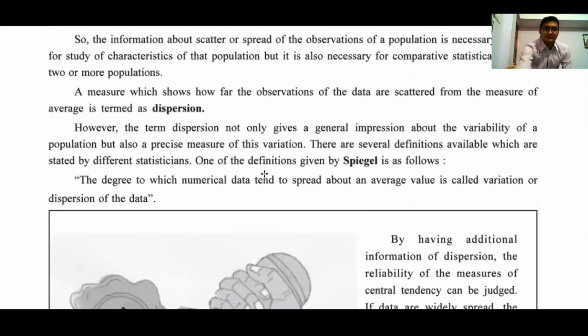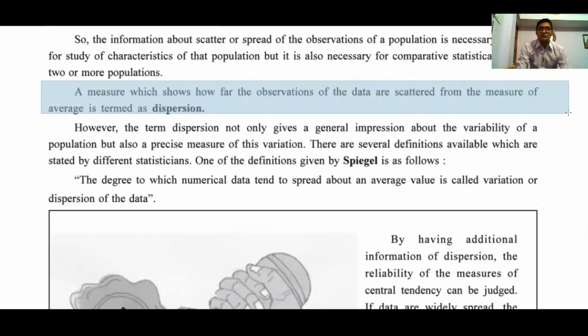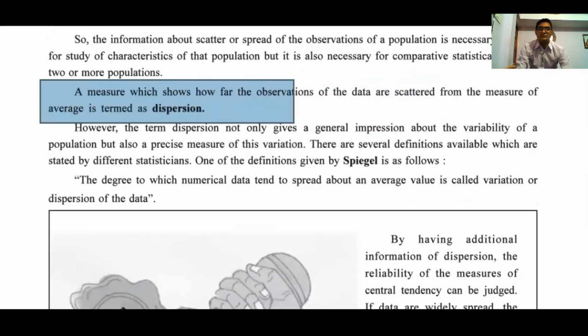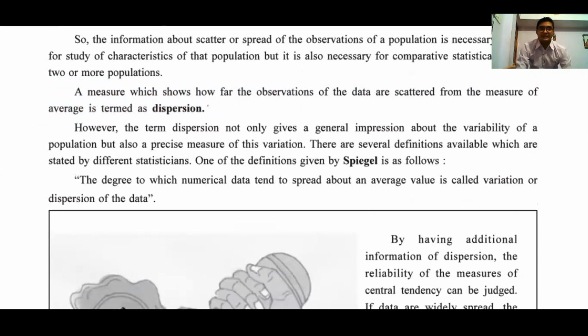It is given here: a measure which shows how far the observations of the data are scattered from the measures of average is called dispersion. It means, say for example, this is a timeline.